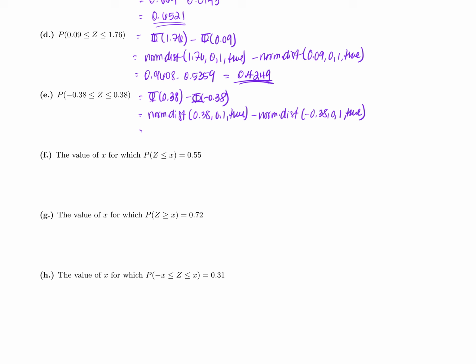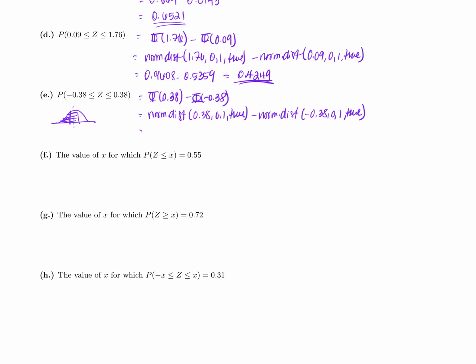And something really fascinating happens here: it's not exactly equal. You would think maybe they are because it's symmetric. Well, remember, we're not thinking in those terms. We're thinking of all the probability at that point or to the left of it. So if this is our 0 here, 0.38 would be here, all of this area, and negative 0.38 would be all of this area. And so what's left between them will be symmetric, but these numbers aren't going to be identical.